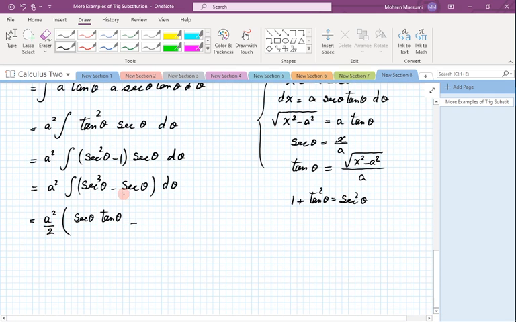And so when we do the subtraction, what we get is minus logarithm of secant of theta plus tangent of theta, and then we throw in one constant and then replace a squared over 2.